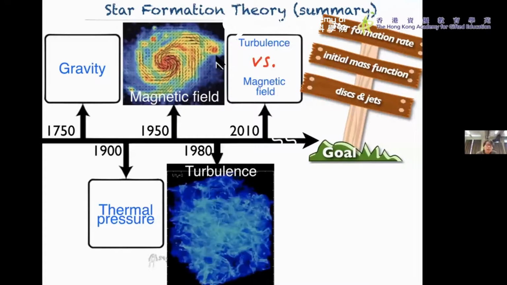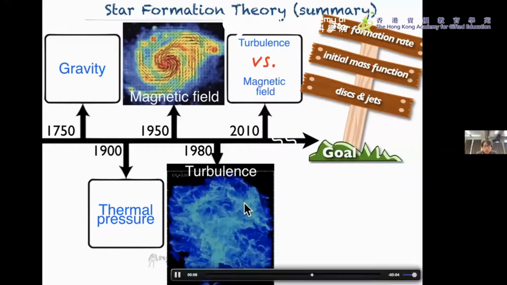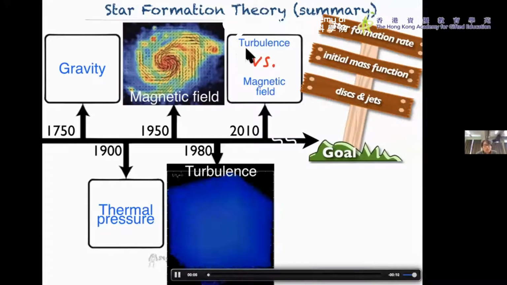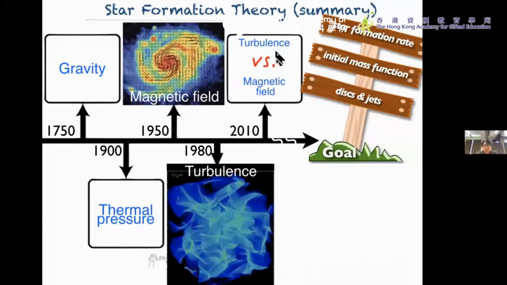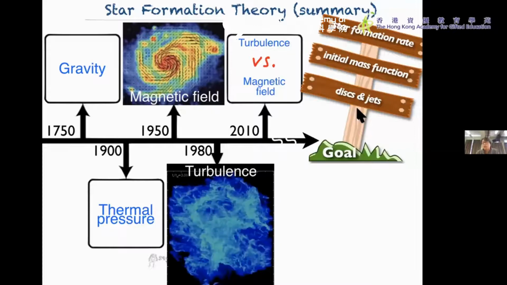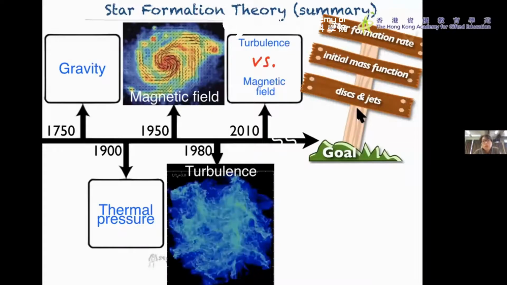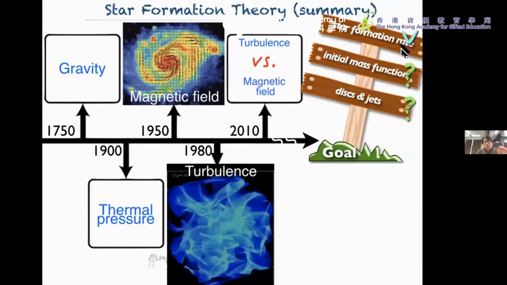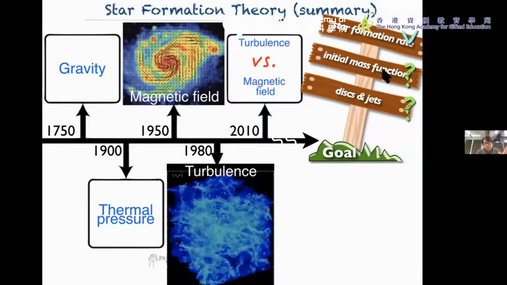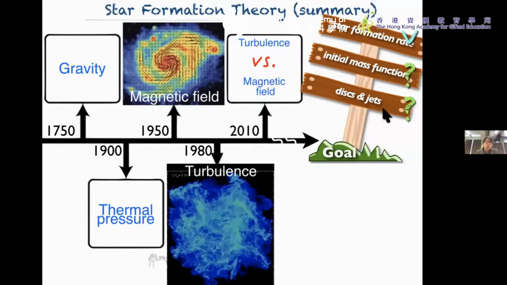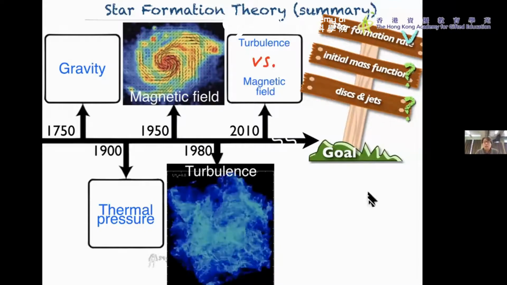We have magnetic field, we have turbulence, and we hope that when we put everything together, especially turbulence versus magnetic field, somehow we can explain all these phenomena of star formation. But so far, maybe star formation rate, we can know a little bit, right? But initial mass function, the disk and jet, we are still far away from knowing the mechanism behind it.